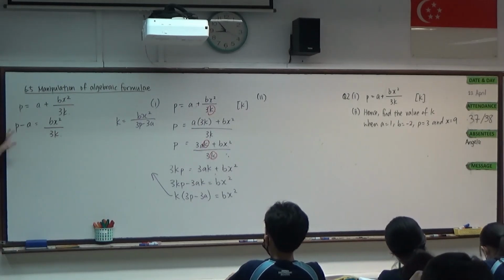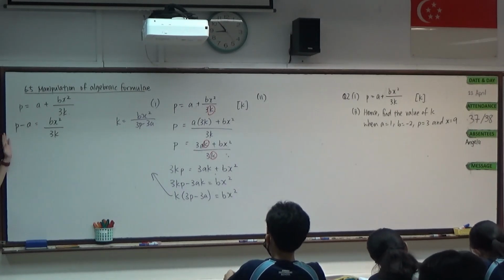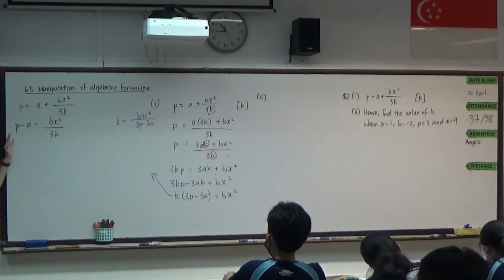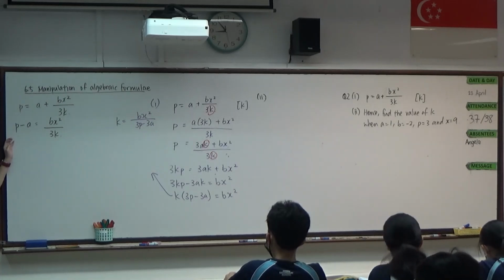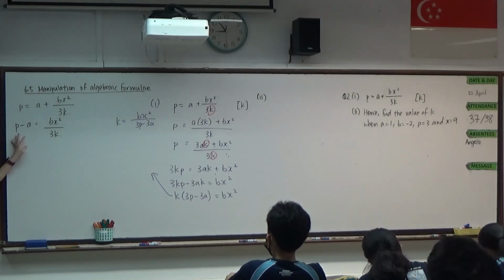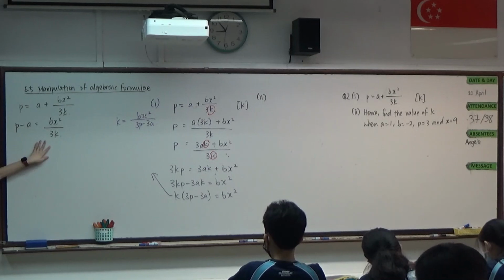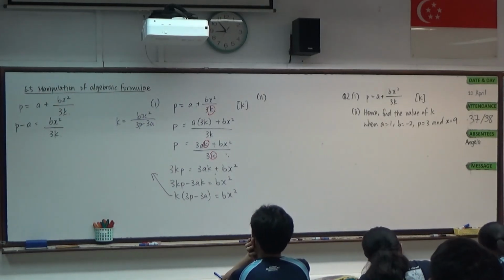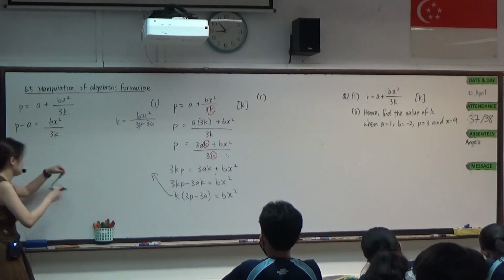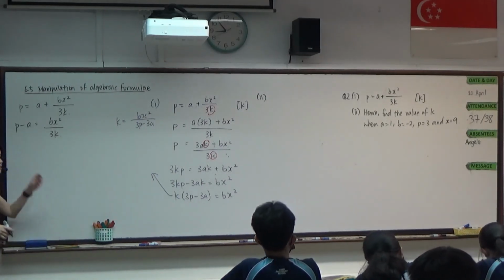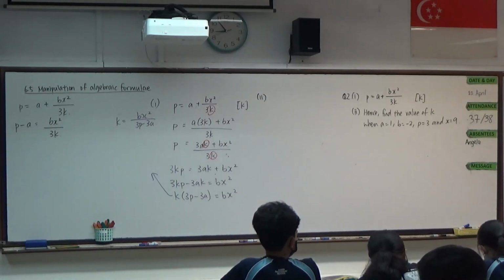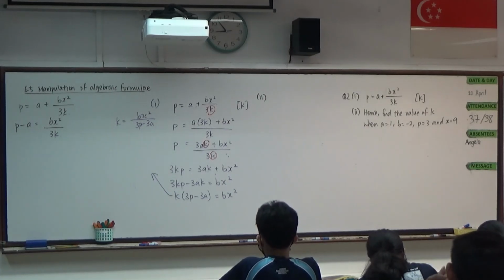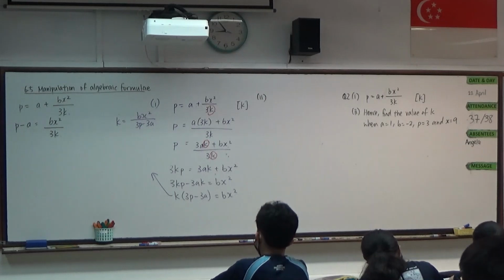So do we agree that most of us might have done this? So P minus A equals to Bx squared over 3K. We want K to be the subject, so from here what do we do next? Emmanuel.